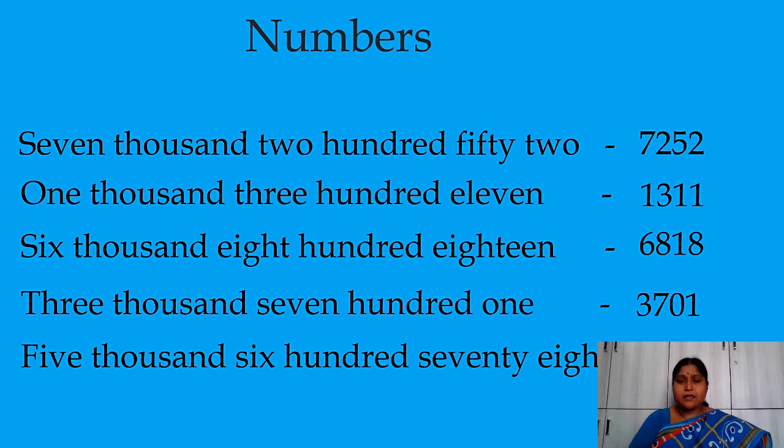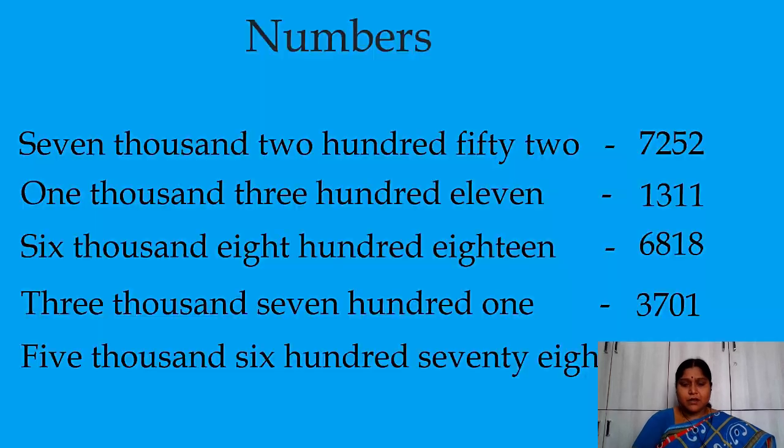These are the numbers from number names. Once again I am saying, you should see carefully the number name and places, thousands place what number, hundreds place what number, and write the number carefully.